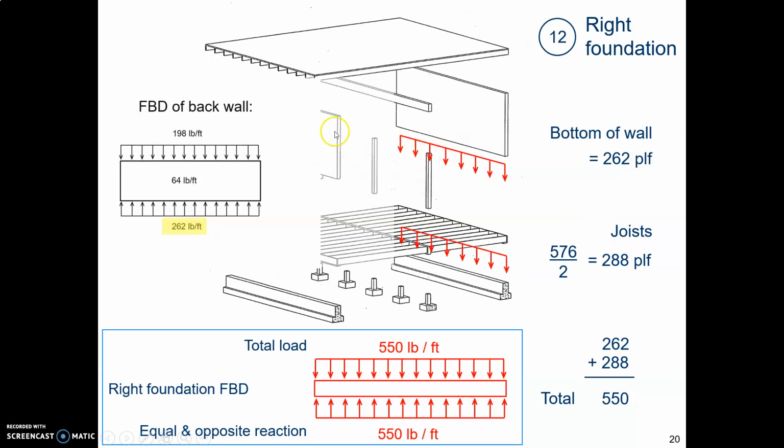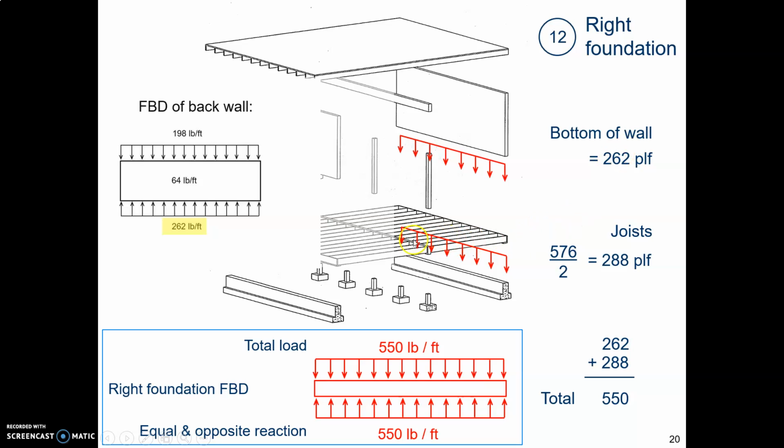And on our right foundation, we've got the weight of the back wall, and here's our free body diagram from our back wall, where we figured out there was 262 pounds at the bottom of that wall, pounds per foot. So there's our 262 pounds per foot.